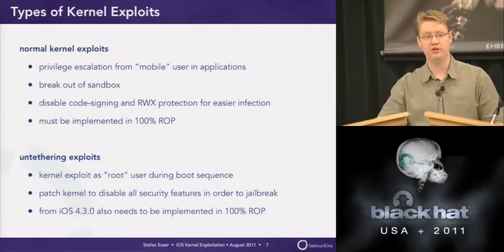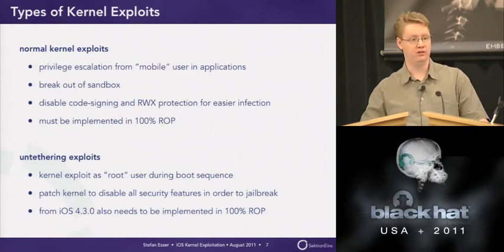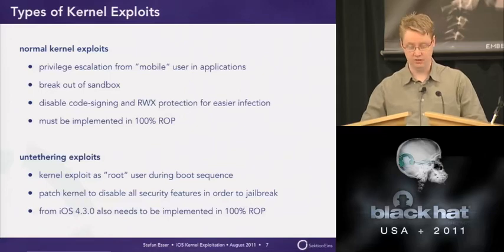The problem here is it must be done 100% in return-oriented programming, because you can't just upload code and call mprotect to make it executable. In the newest iOS versions, there's dynamic code signing in Safari and so on. You might abuse that, but in older versions it's not required.